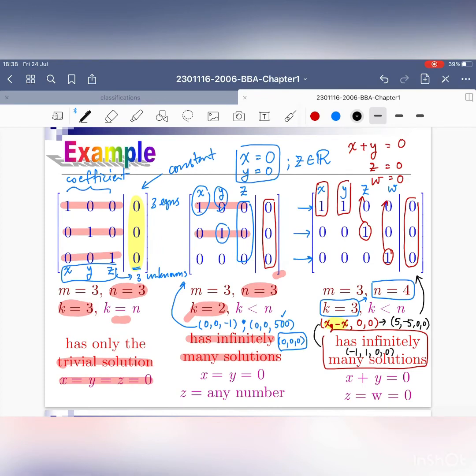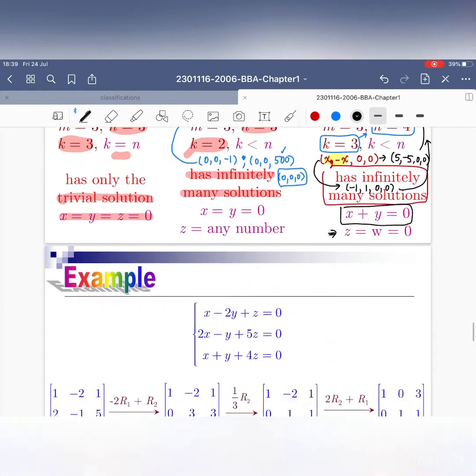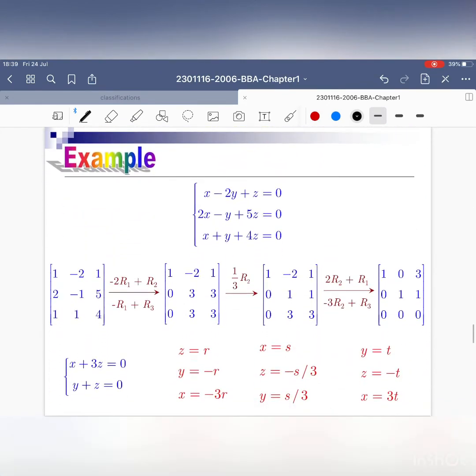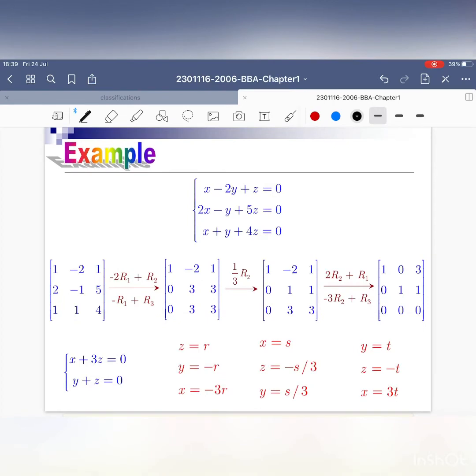Because if your x is negative 1, then your negative x becomes 1, right? So this one is also a solution to the system. So the solution will be the x and the y that add up to 0, and your z and your w fixed to be 0.